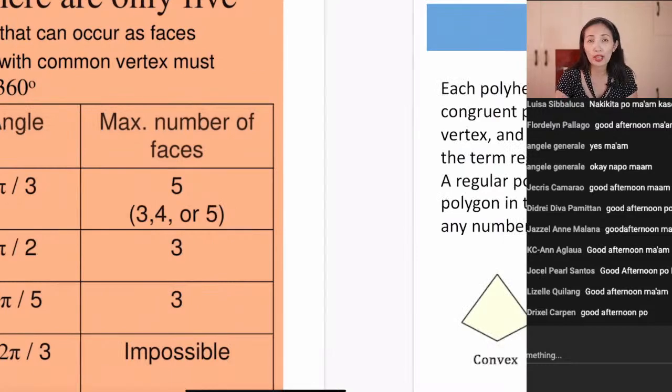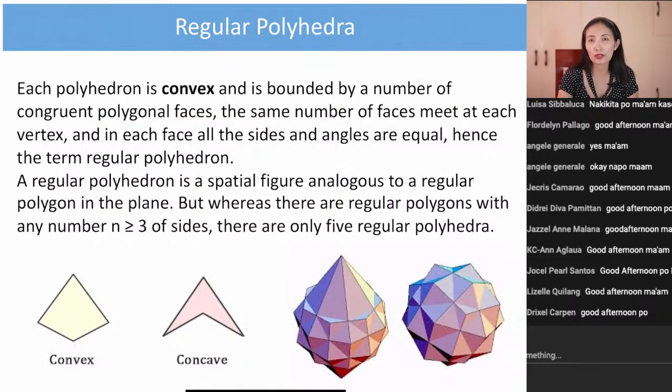So, now, each polyhedron is convex. Polyhedron is singular, polyhedra is plural. Convex and bounded by a number of congruent faces. What do you understand by the word convex, and differentiate it from the word concave.